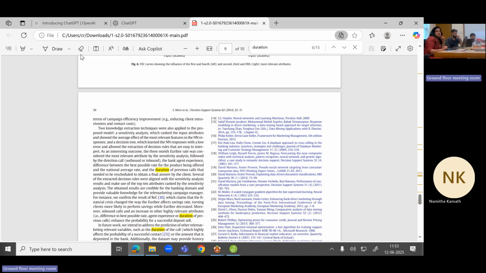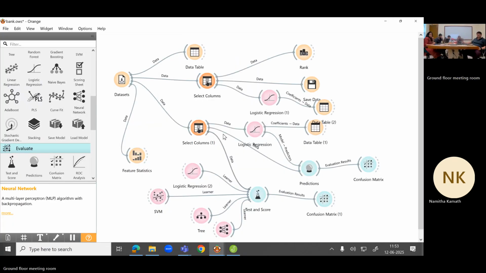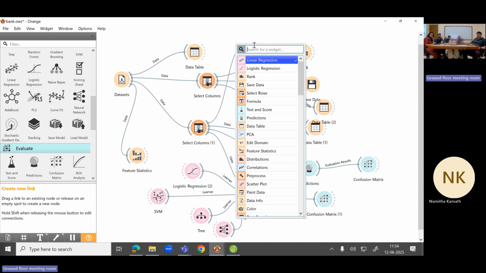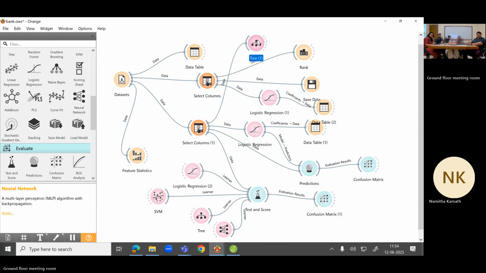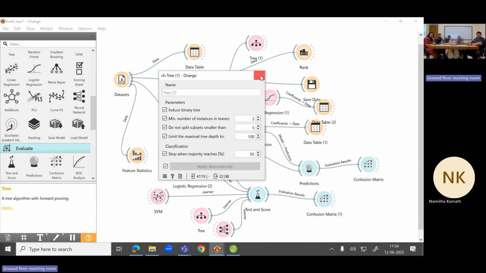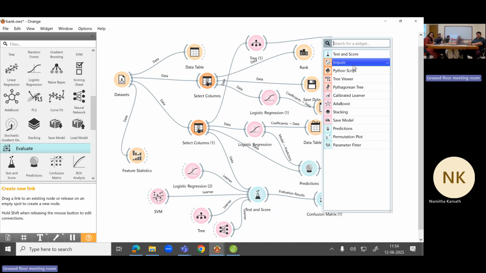Okay. Like if I just go back and let's say, obviously, you can make it as messy as possible. Let's say, suppose I put a tree model, with the same specifications, and I brought it to tree viewer.